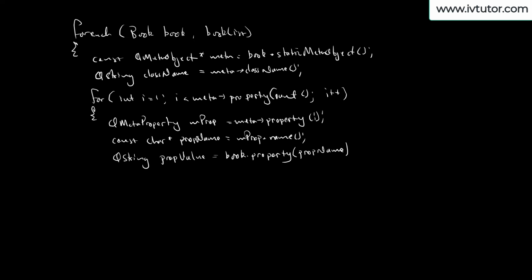This gives you an equivalent dot toString. So now I've got my type of book. I've got my property name and my property value. So this happens in a loop because you can have many properties, right?